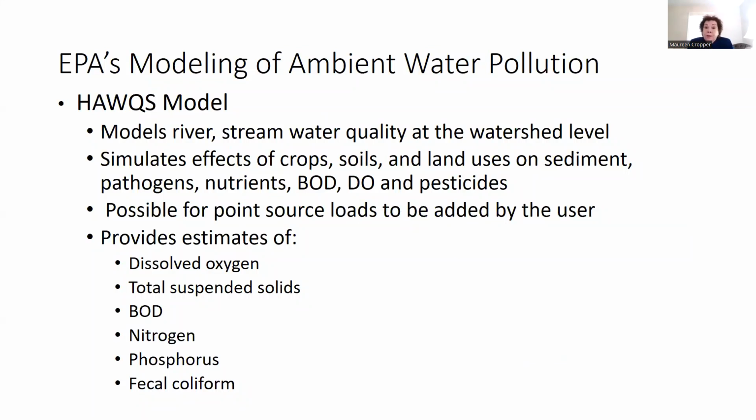If you wanted to look at the impact of water pollution broadly defined on a particular watershed, you could use HAWKS to estimate the non-point source impacts and then add point source loads from NPDES. This would give you estimates of dissolved oxygen, total suspended solids, BOD, nitrogen and phosphorus, fecal coliform levels on the watershed from emissions over a particular period.